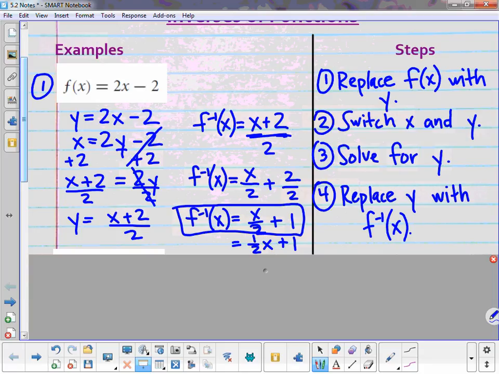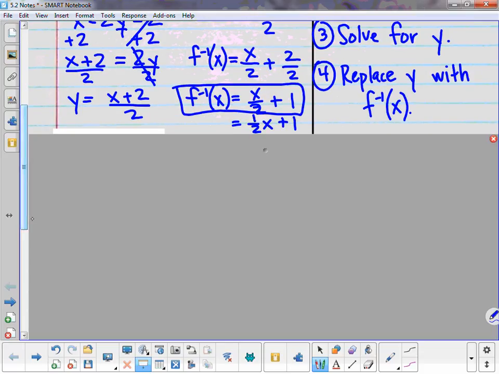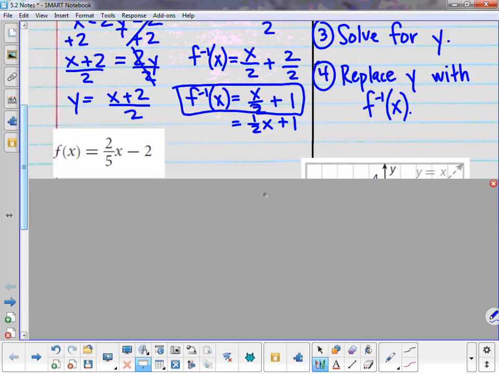Okay, so let's do another example. So if you'll write this example, please, f of x equals 2/5 x minus 2. So let's think.